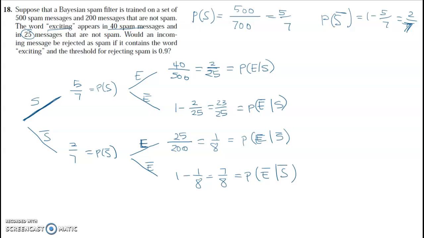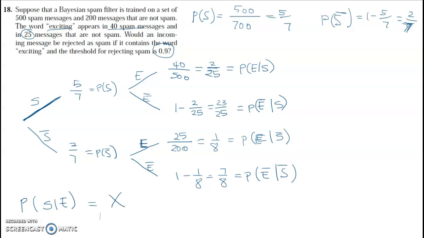Okay, so given all of this, I'll leave it up to you guys to find what they're asking, which was the probability of S given E. And the threshold value is 0.9. So what this means is that whichever value you get here using Bayes' theorem, I'm going to call it x.